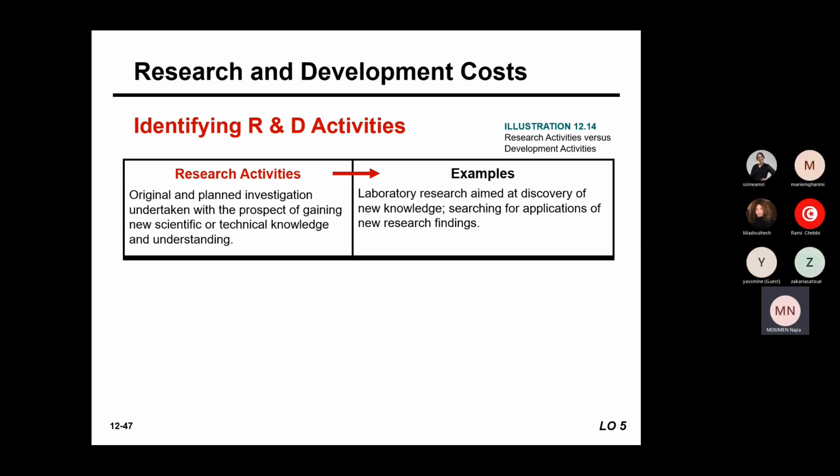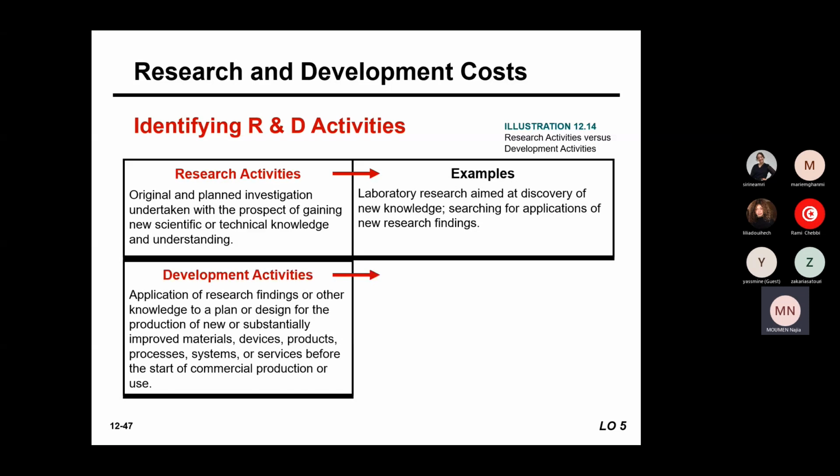All of these are kinds of activities that should be considered as research activities. Like laboratory research aimed at discovery of new knowledge, searching for application of new research findings. So here we are still at the level of research. We are still not sure about the outcome of this project. We don't really see clearly regarding that project or those activities.